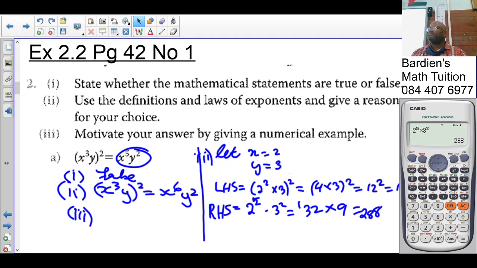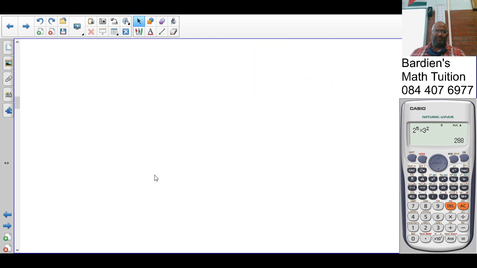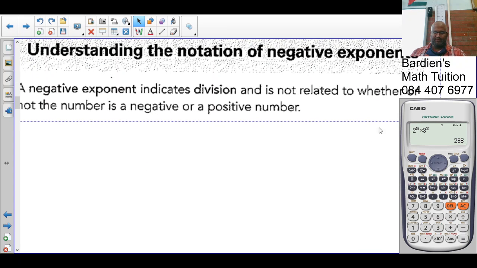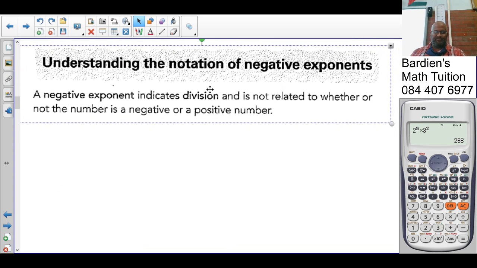You guys know that, no? It's not on exponents. This will come in your mid-year exam. But it doesn't mean you mustn't do this homework. We need to move on, otherwise we're never going to finish the topics for the year in time.